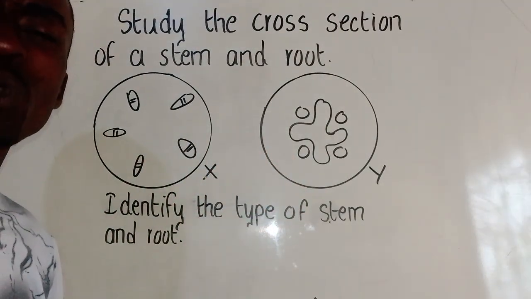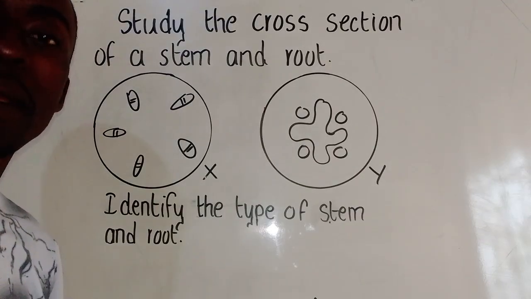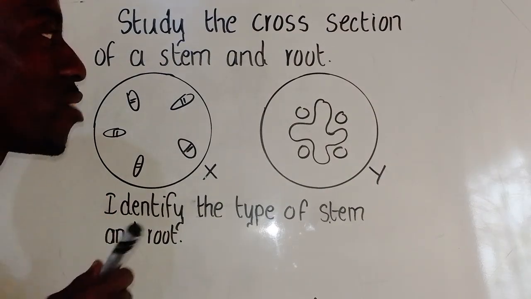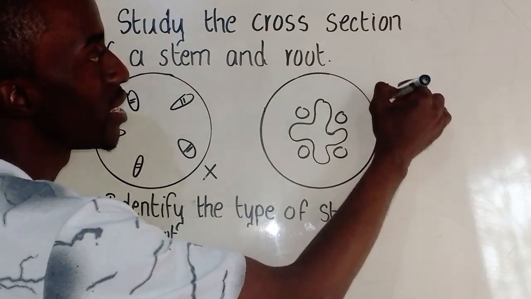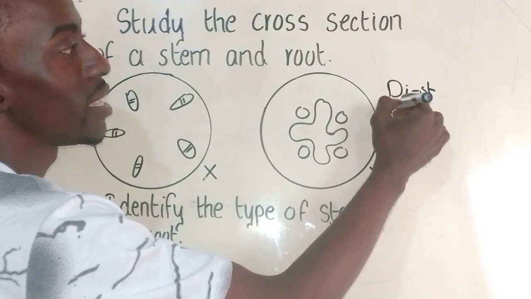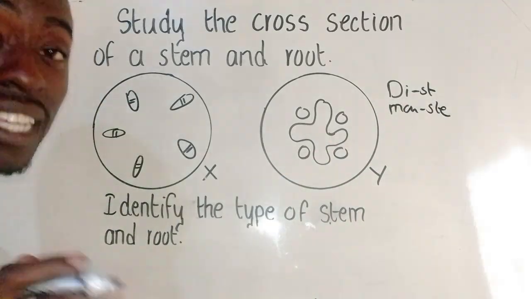Okay, now you need to know that mostly we have two types, based on the stem. Based on the stem, we have the dicot stem and the monocot stem. That is based on the classification.